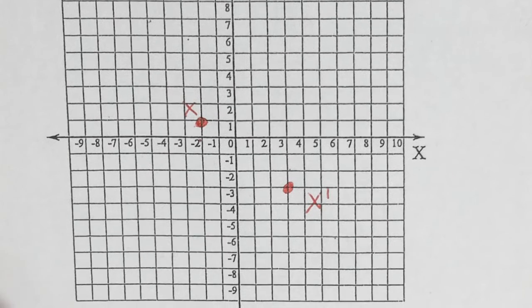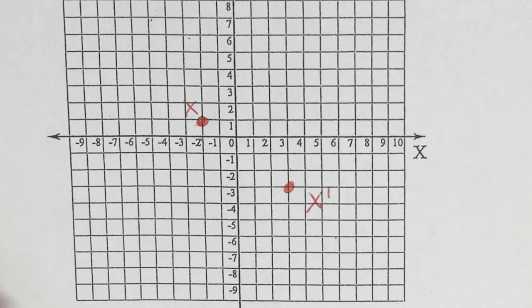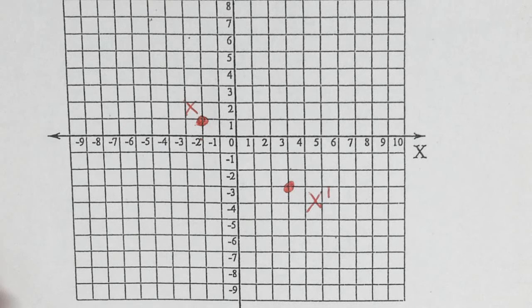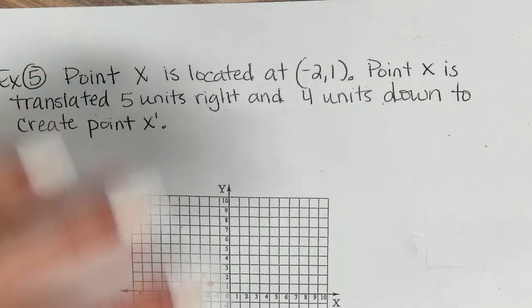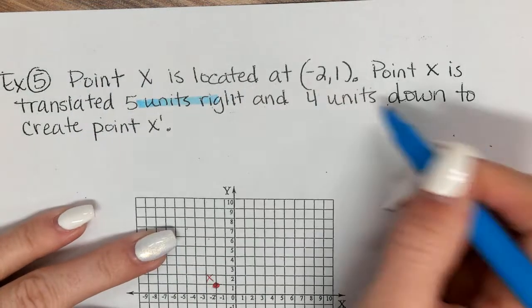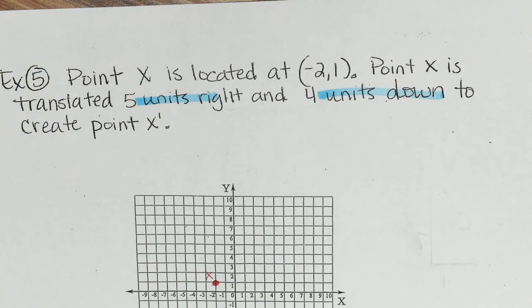Then it says, find the measurement of the distance between point X and the new X. Now, y'all want to know a little hint? Look right here. See these numbers they gave you when they said to go 5 right and 4 down? That's going to be the side lengths. That's going to be the legs. Yes?